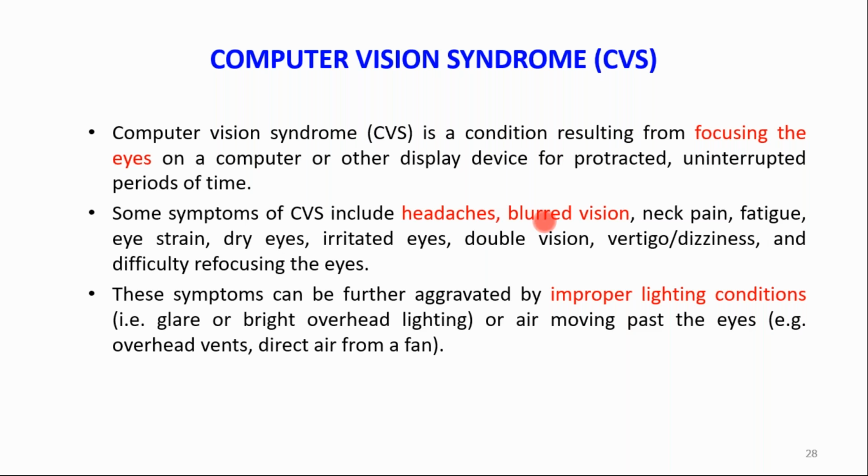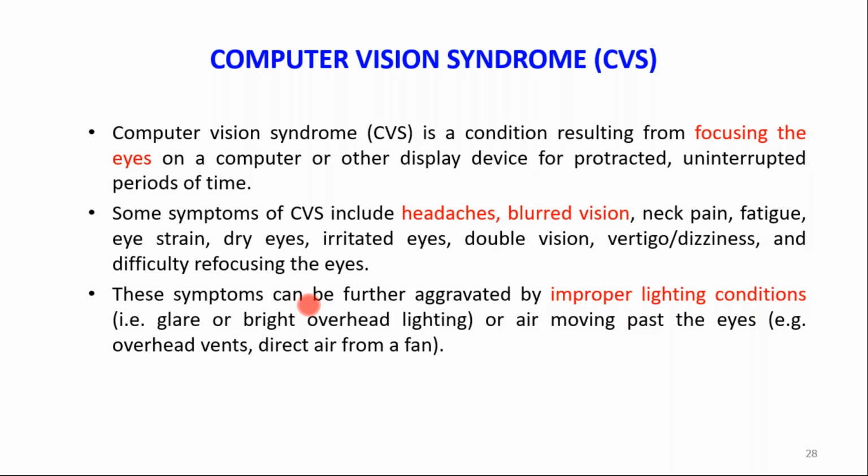If it is on a continuous basis, then the other symptoms may arise. These symptoms can be further aggravated by improper lighting conditions. Natural light is the best solution for this. If natural light is not available in your working area, in the workstation, then you can go for artificial light, but you should take care that there is no glare or too much brightness on the screen or on the monitor.